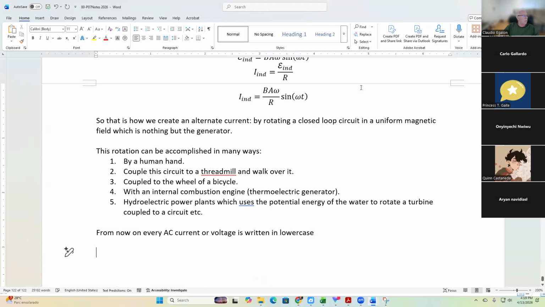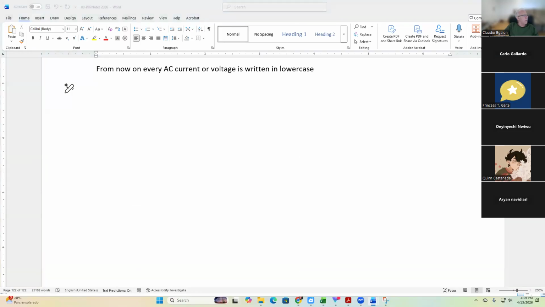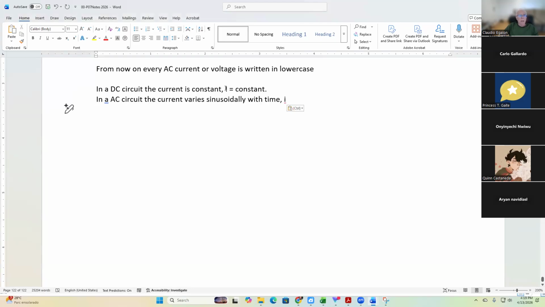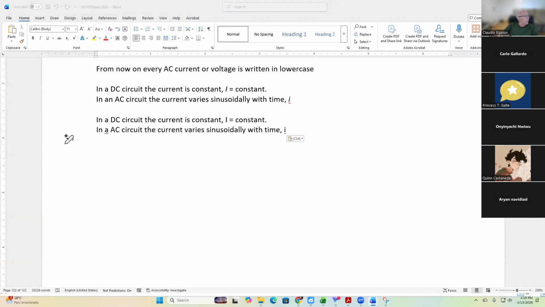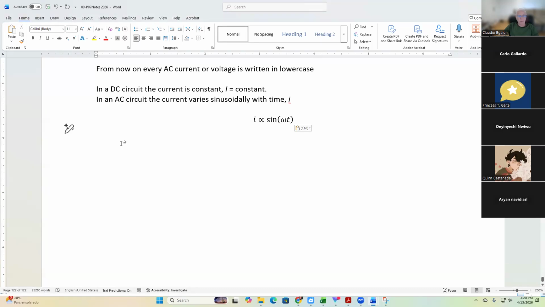In a DC circuit, we usually adopt the capital letter I as the current. In an AC circuit, you usually adopt the lowercase i for the current. For this AC circuit, the current is going to be indicated by the lowercase i, which is proportional to sine of omega t.